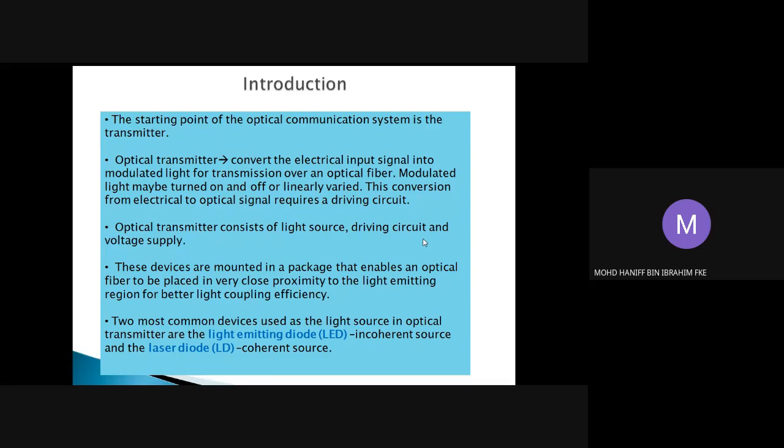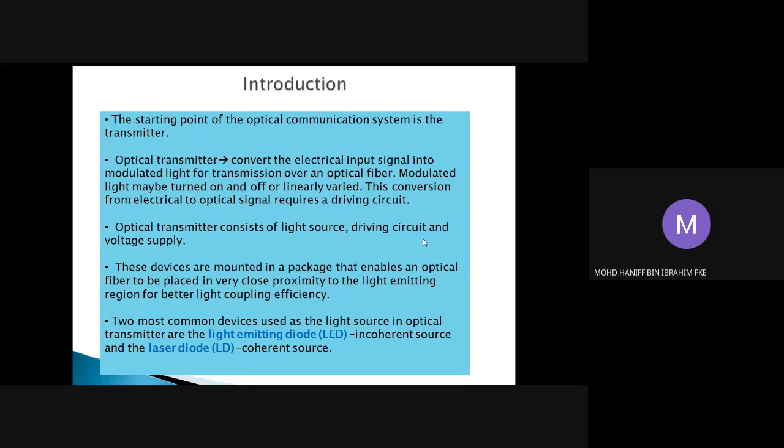So we're going to have a box, and this package will then be located or placed in a very close position to the optical fiber, so that the light can be coupled efficiently to the optical fiber from the transmitter.